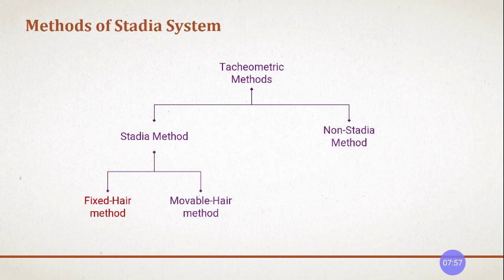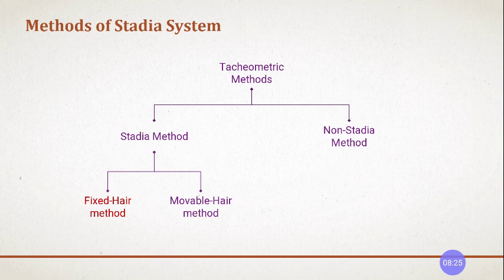So the methods of stadia are, in tacheometry survey you have two methods, that is stadia method and non-stadia method. In the stadia method you have fixed hair method and movable hair method. In the movable hair method, the crosshairs may be moved depending upon the requirements, so S will not be constant.